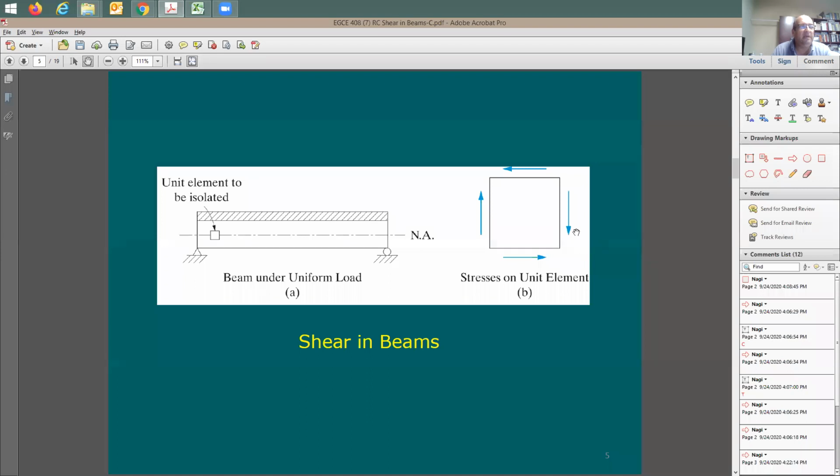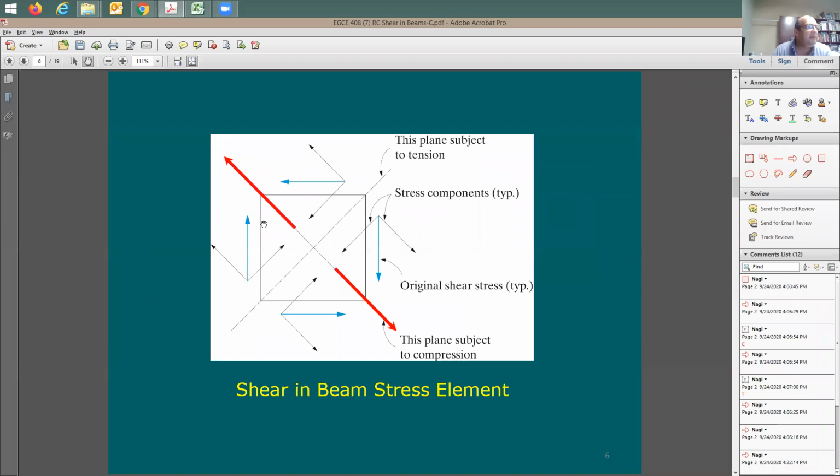But usually, when you have this vertical shear, you're going to have also this conjugate shear, which is horizontal. Otherwise, this stress element is going to be unstable. So you have one shear component here, one shear component coming down, and also horizontal shear coming that way, and horizontal shear coming this way. These two forces are going to form this component of the diagonal tension that I'm talking about.